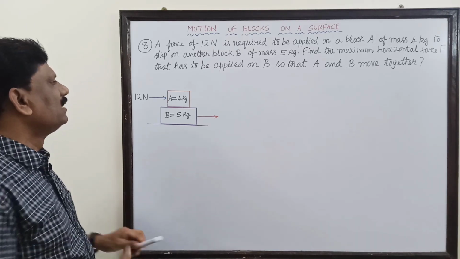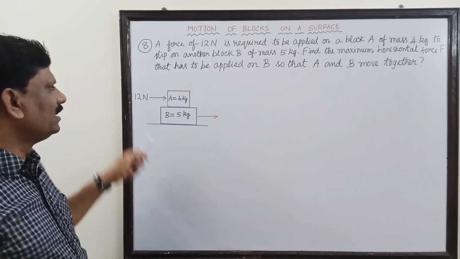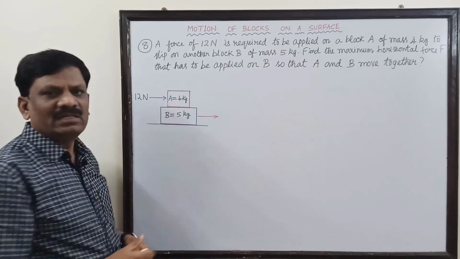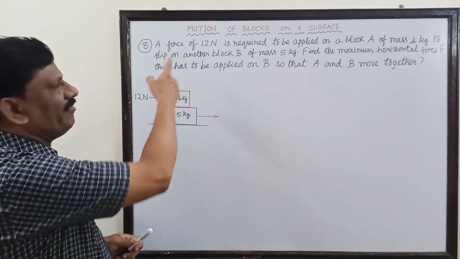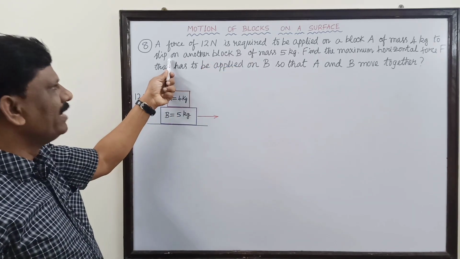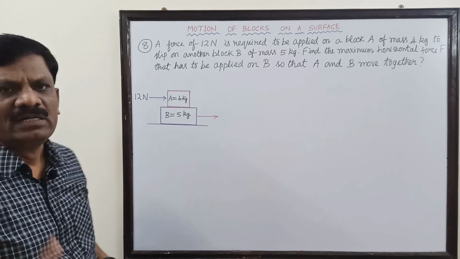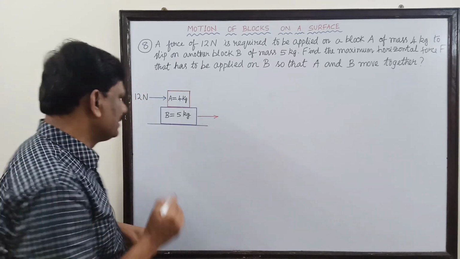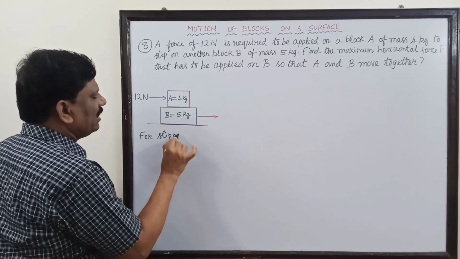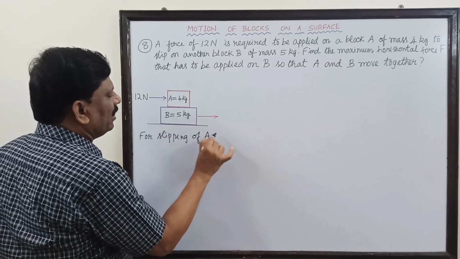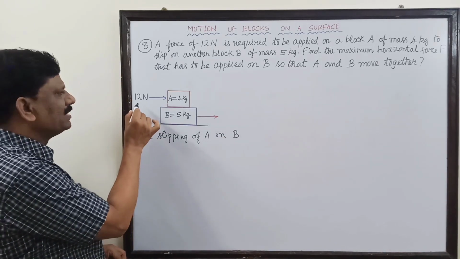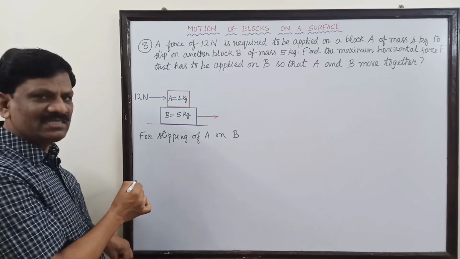Okay students, the clue is given that 12 Newton of force is exerted on the mass of 4 kg. What for? It is required to apply for slipping on another block B. So the condition for slipping of A on the block B is that this force applied must be equal to the maximum value of the static friction.